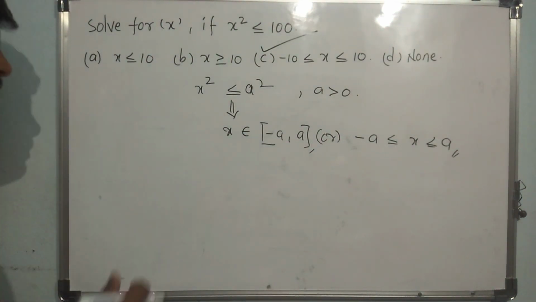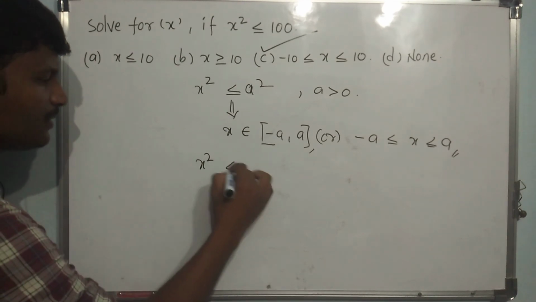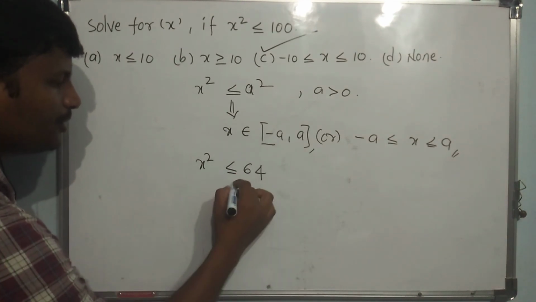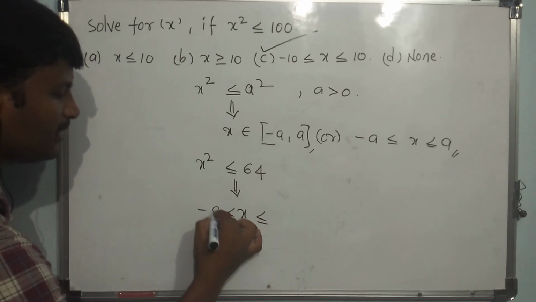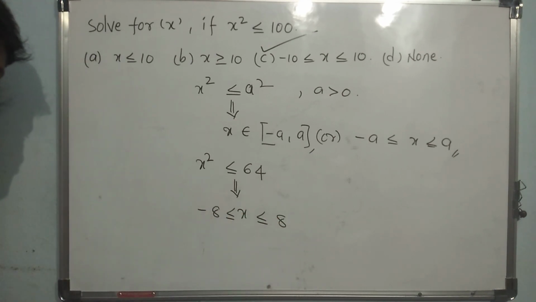Suppose I give you a problem like x square less than or equal to 64. What do you answer immediately? Your x value is in between minus 8 and plus 8.